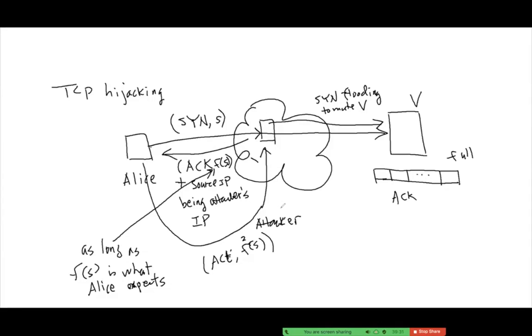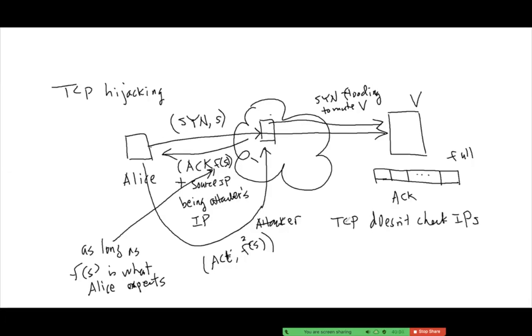The reason this can be done is TCP doesn't track IPs. The TCP header does not include IPs. It only checks the sequence number. And because it does not check IP, this TCP connection can be hijacked.